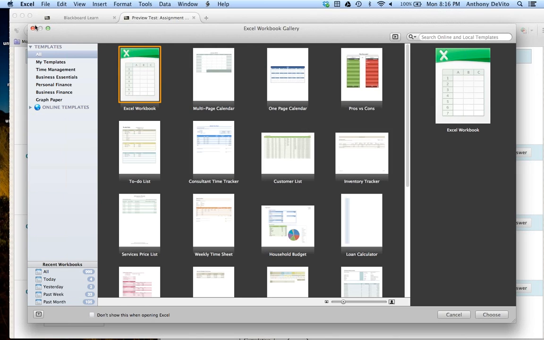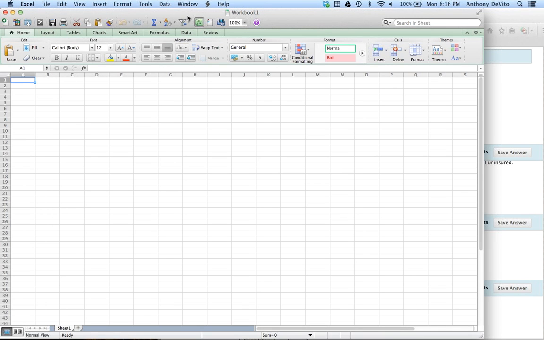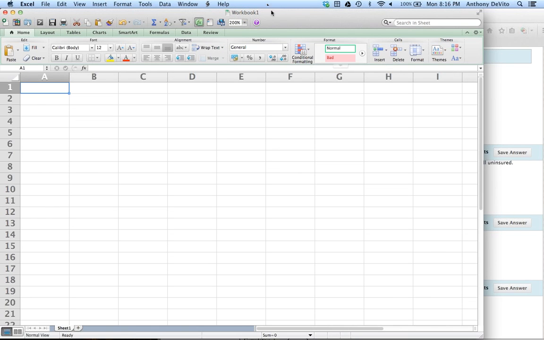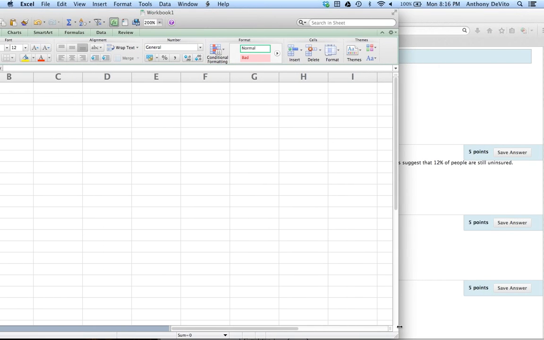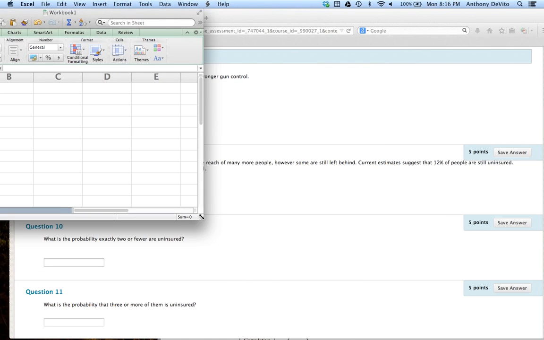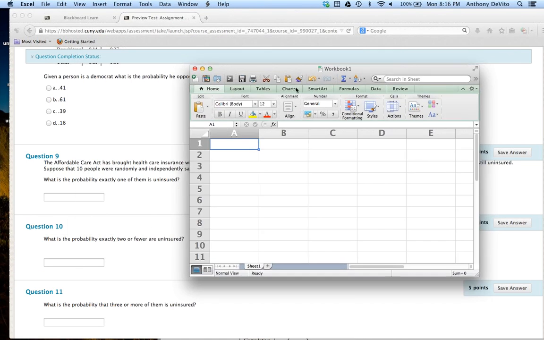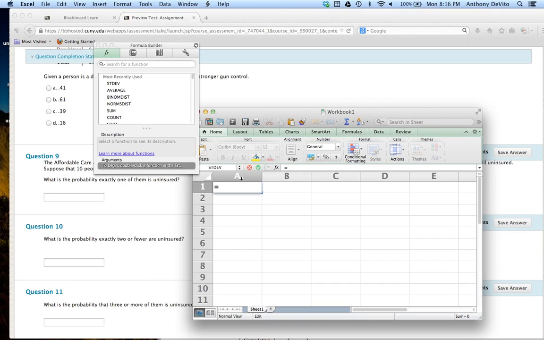which I'm going to do right here. I'm going to blow it up so I can see the boxes, and make it a little smaller so it doesn't take up the whole screen. Okay, so I can see this problem.